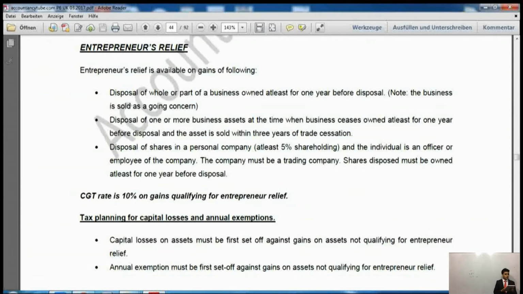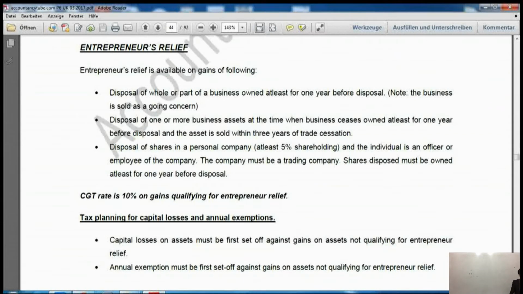Now, that relief is called entrepreneur's relief. Here you go on the screen, entrepreneur's relief. How can you get it? Entrepreneur's relief is available on the gains of the following: disposal of the whole or part of a business owned for at least 1 year before disposal. If I have a business and I own it for 1 year, and if I sell it, then entrepreneur's relief would apply.